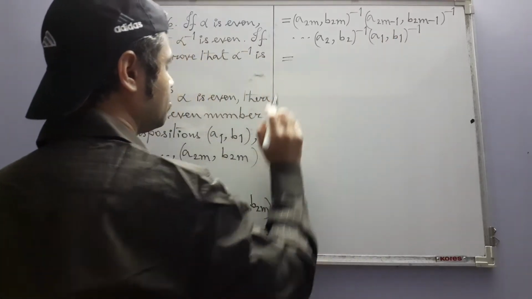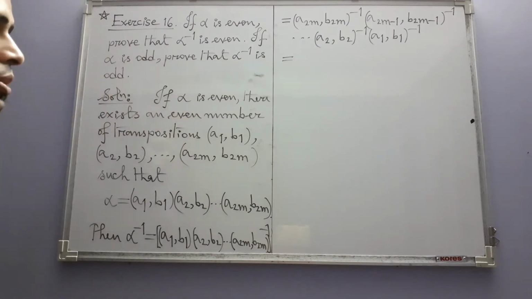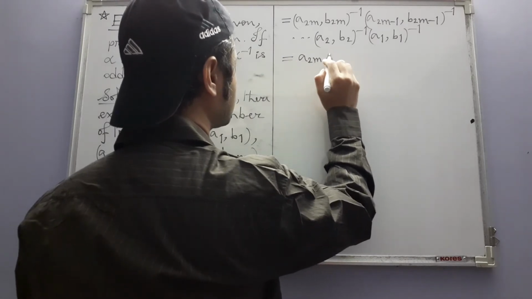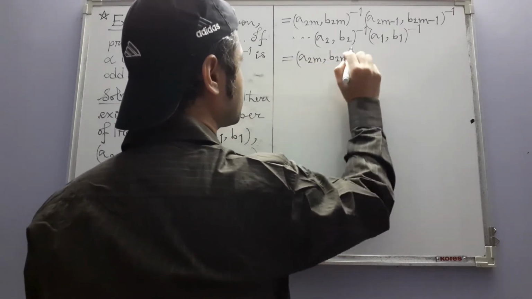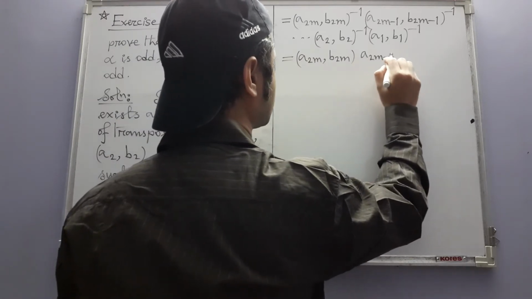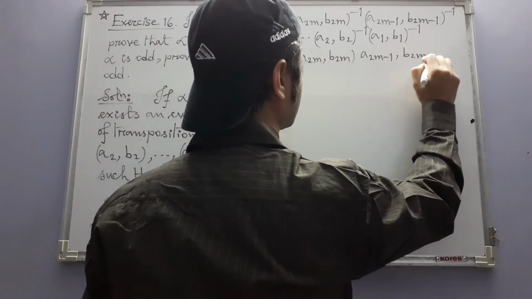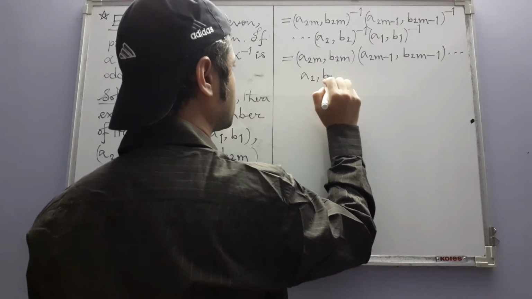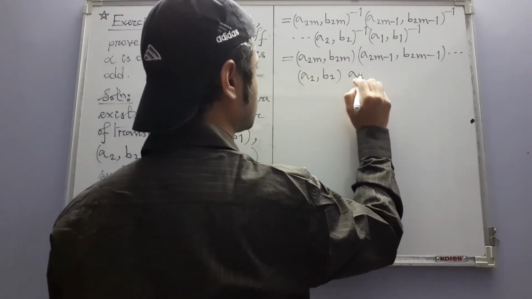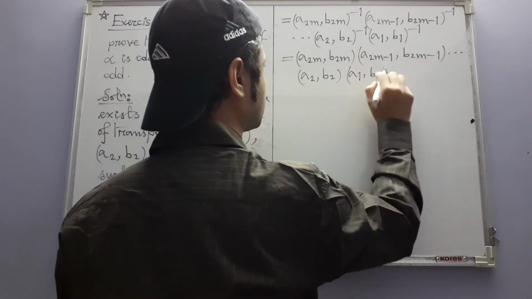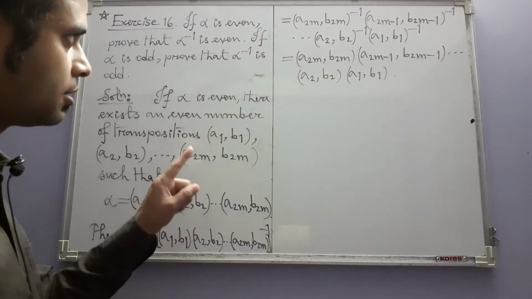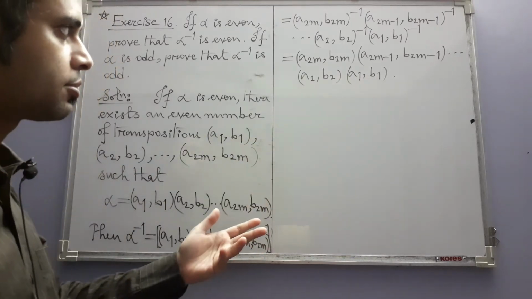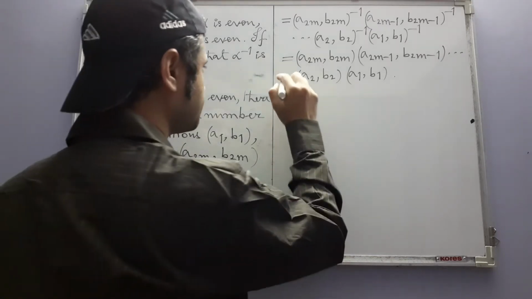Now we know that the inverse of a 2 cycle or a transposition is the 2 cycle itself. So alpha inverse is also expressible as a product of an even number of two cycles. So that is also even by the definition of evenness.